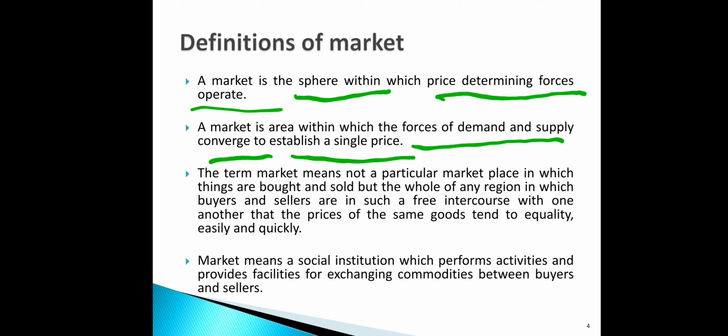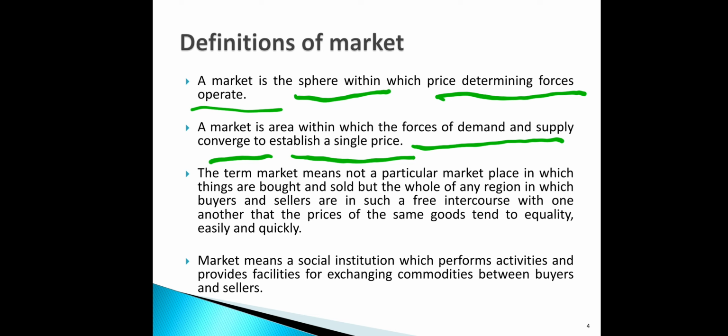So as we discussed in the first slide, the first definition says that the market is a sphere within which price determining forces operate. So these price determining forces operate for what? They operate for a single price. They operate for establishing a price for that product.